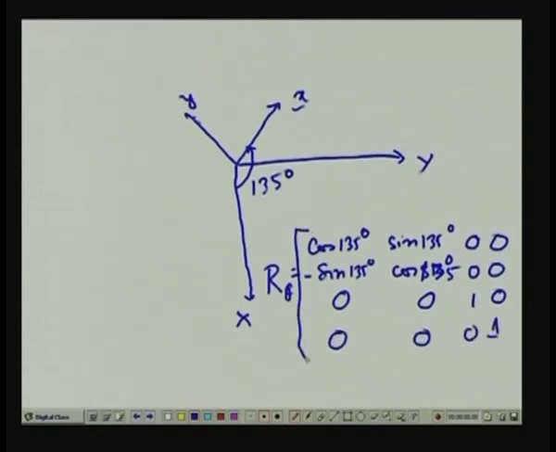So, this is the rotation transformation that has to be applied to all the world coordinate points.